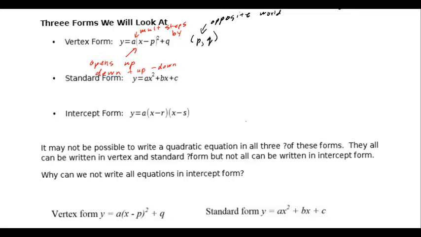For the standard form, you'll notice we also have our a value, and guess what? The a value is the same as before. We have a bx, but we also remember from our last day that the c value represented the y-intercept.